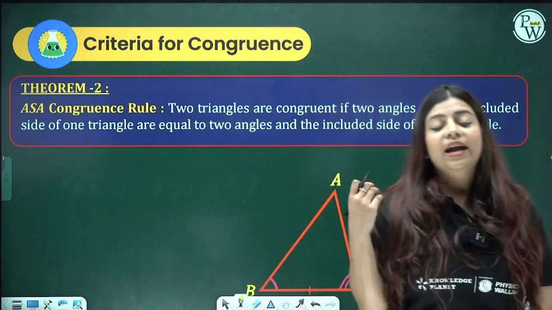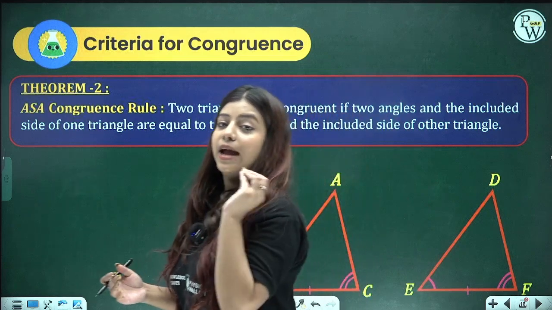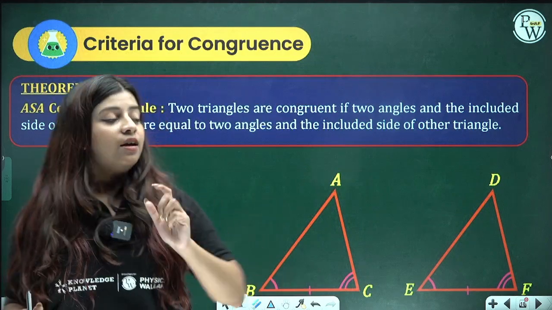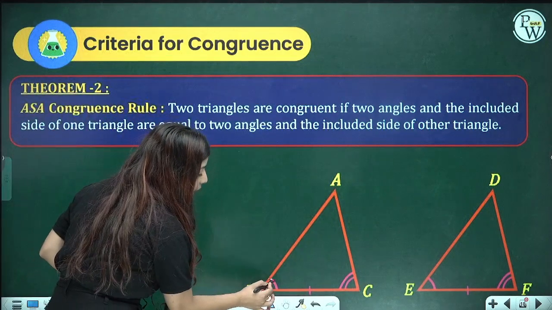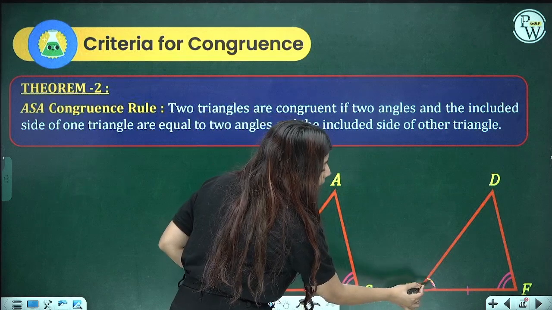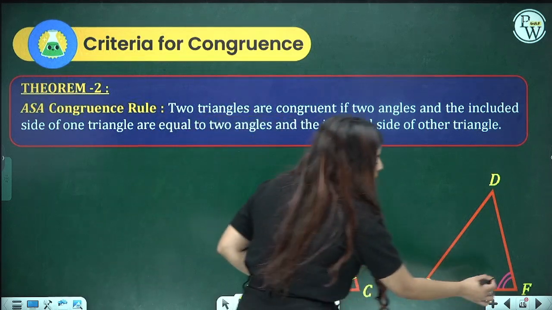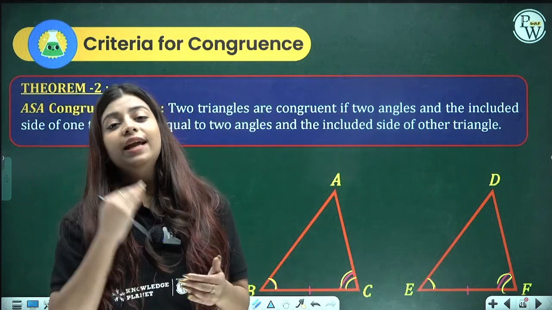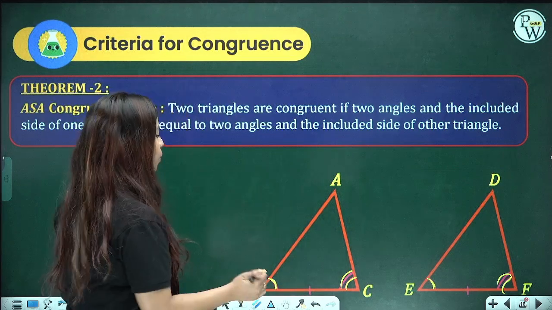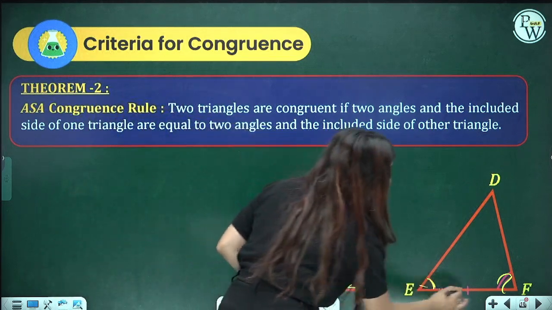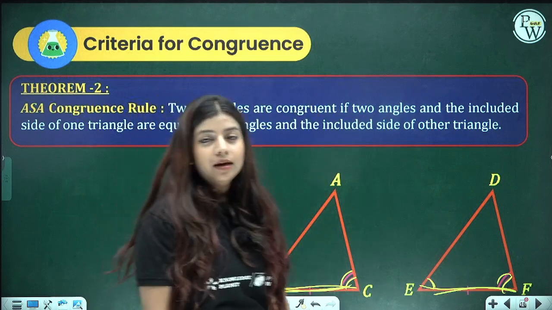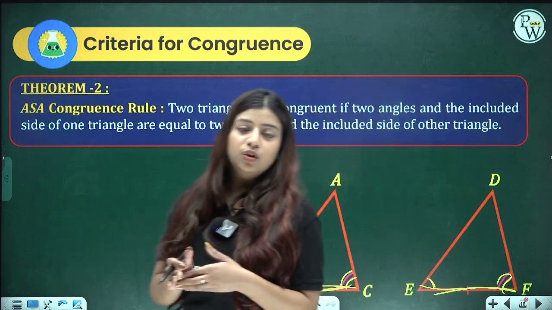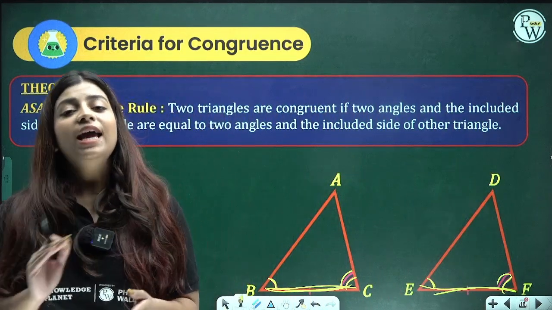The next criteria is angle side angle, where two angles and the included side are taken. If angle B is equal to angle E, angle C is equivalent to angle F, and the side which is present in between these two angles is equal, which means this side is equal to this side, then we can clearly say that these two triangles are congruent by angle side angle congruency, or via ASA congruency.